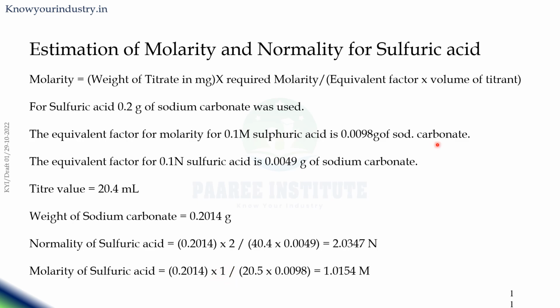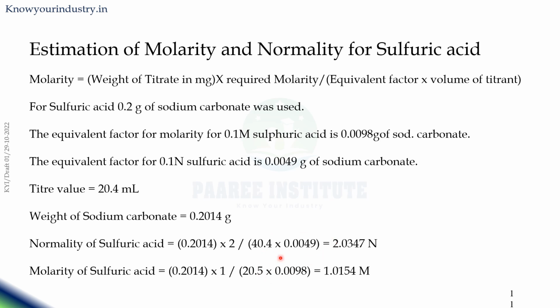And then during the titration you will get the volume of titrant and the weight of the titrate used in mg. So the titer value will be 20.4 ml for the molarity calculation, and in case of normality it will be 40.4 ml.